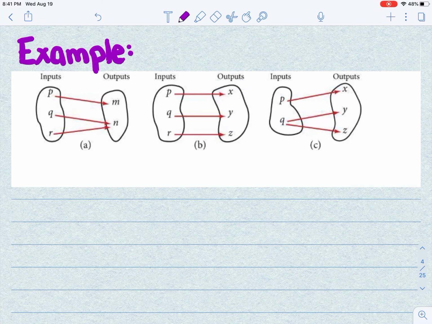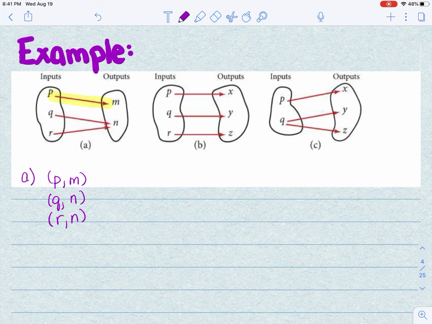So for A, it has the ordered pairs P, M, because P goes to M, so input, output. And then the next one would be Q, N, and the last one would be R, N.